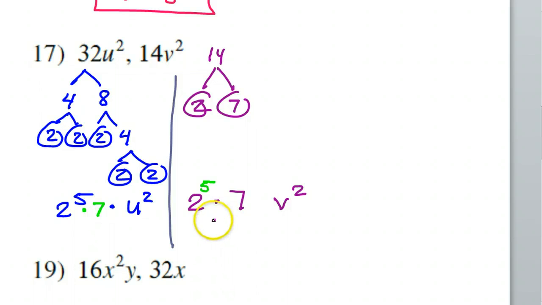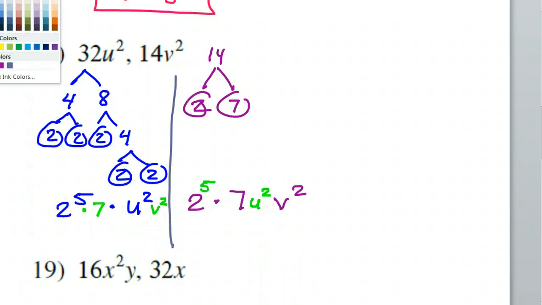Now they both have it. Now the variables. This has u squared. This doesn't have any u's at all, so I'll have to give it u squared. Now they both have u squared. This has v squared. This doesn't have any v's at all, so I'll have to give it a v squared. So now they're both the same, so that means this is the least common multiple.